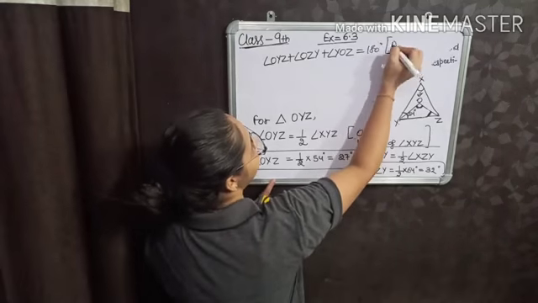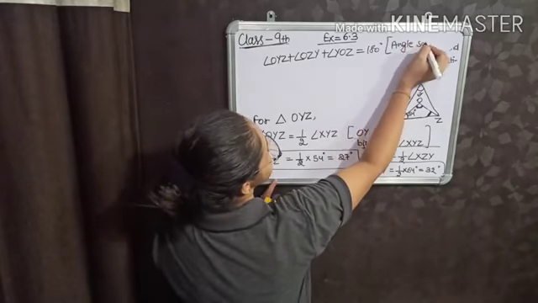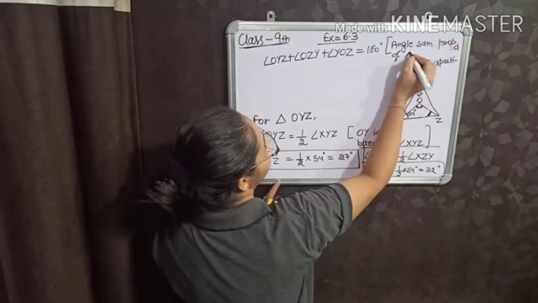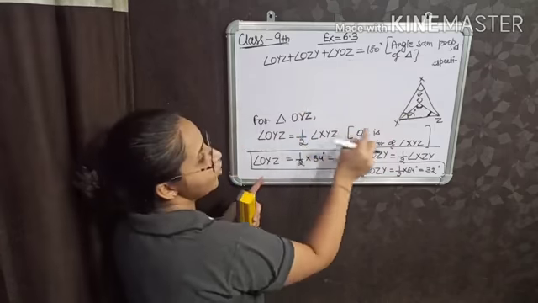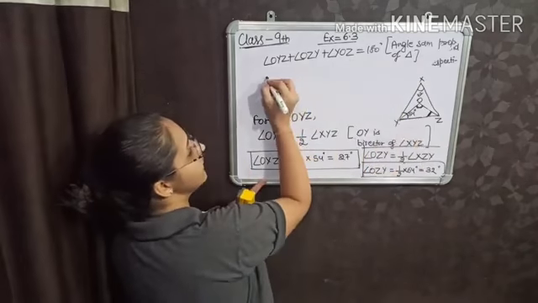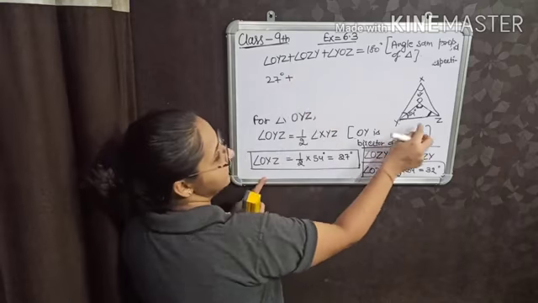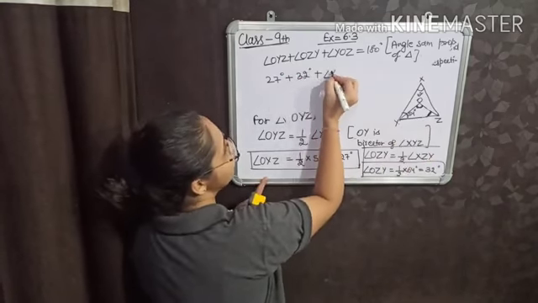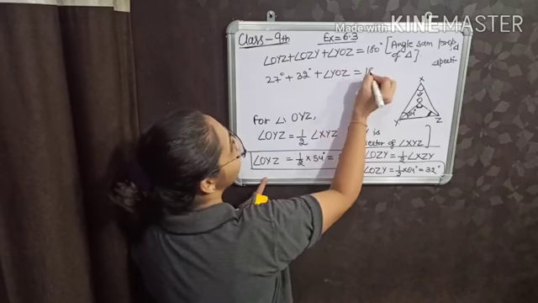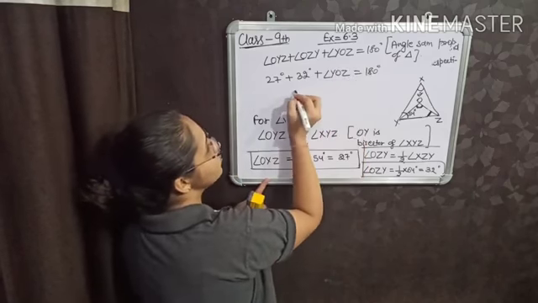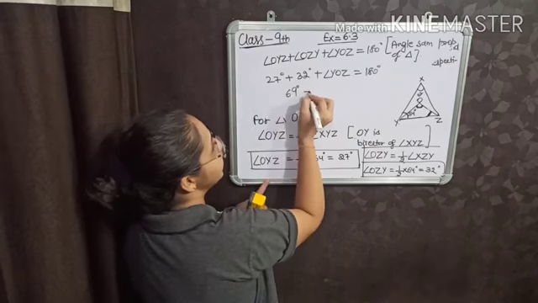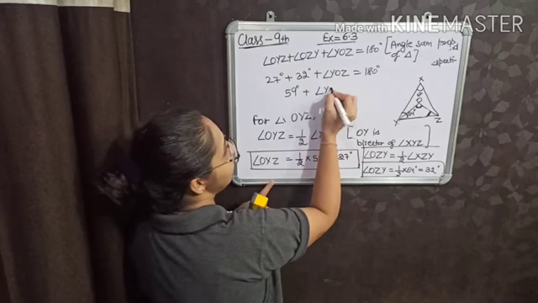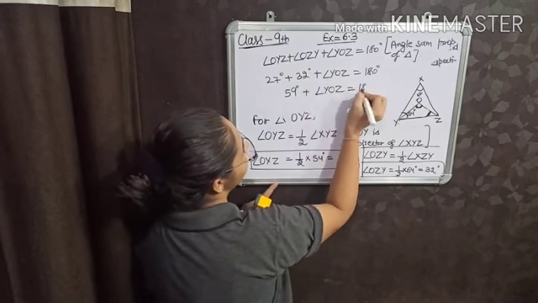Because the reason is the angle sum property of triangle. Okay. Now angle OYZ is 27 degrees plus this angle is 32 degrees plus angle YOZ is equal to 180 degrees. So it will give you 59 degrees plus angle YOZ is equal to 180 degrees.